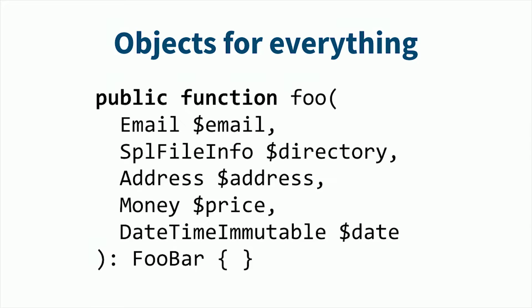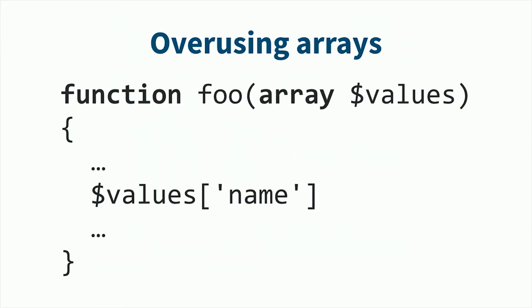Okay, so one code smell I see from time to time, because it's really easy to do using some form libraries, is to type hint an array. But this really isn't very good, because with proper type hints, you shouldn't be able to call a method in a wrong way.